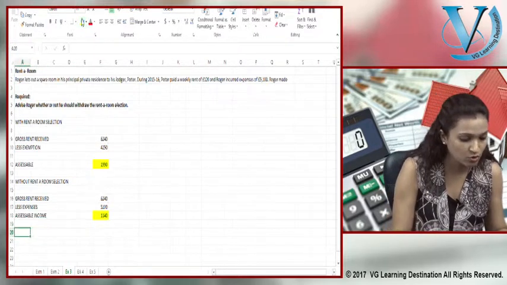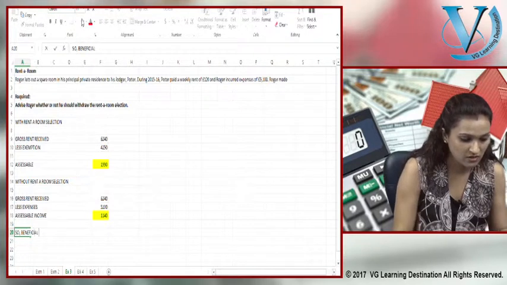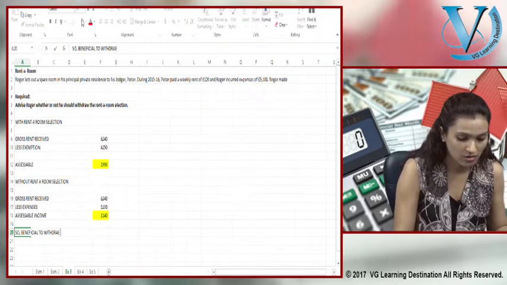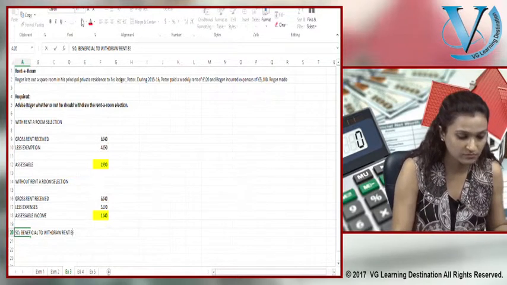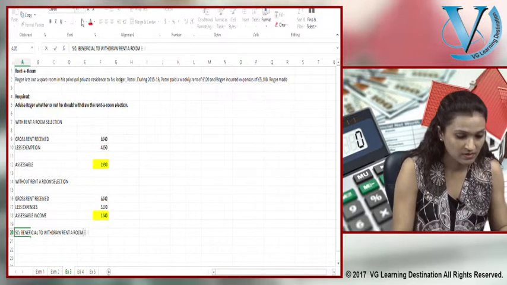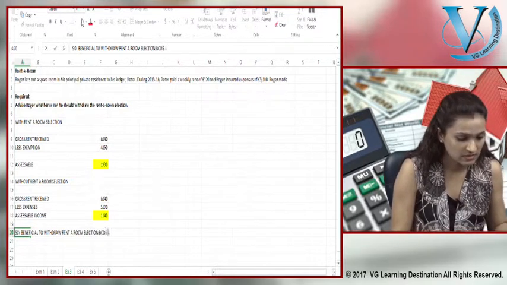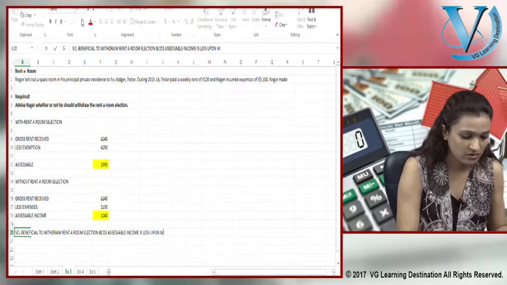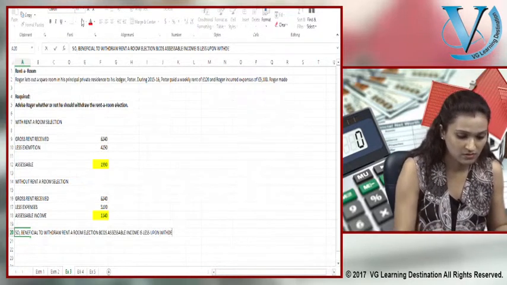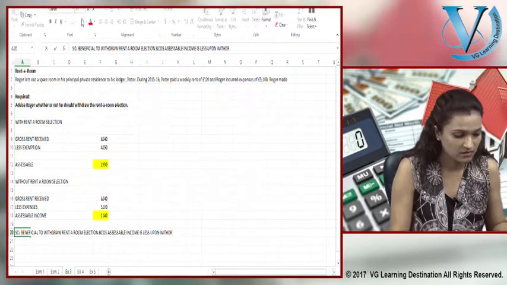Thus, what you need to do? It is beneficial to withdraw the rent a room election because the assessable income is less upon withdrawal of the option.